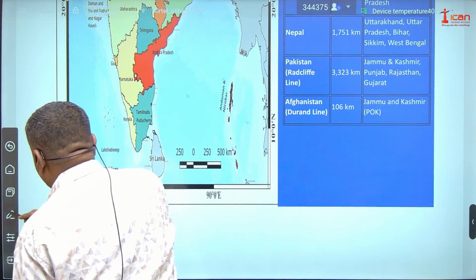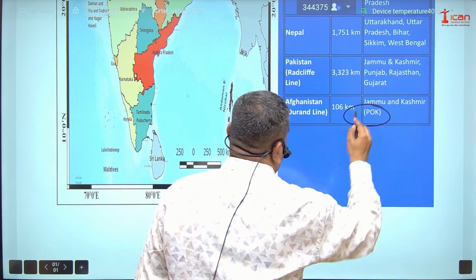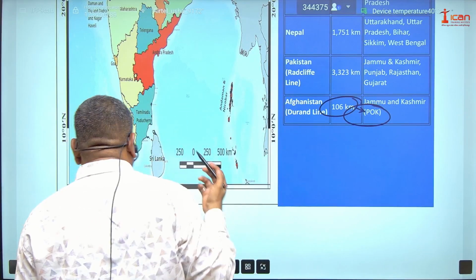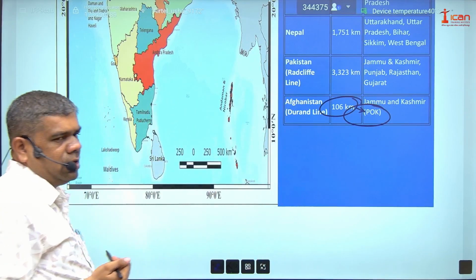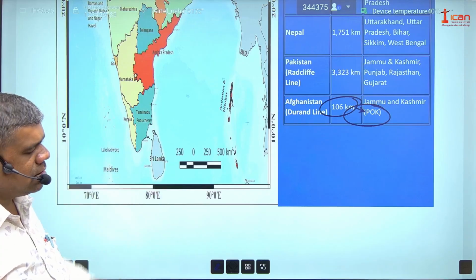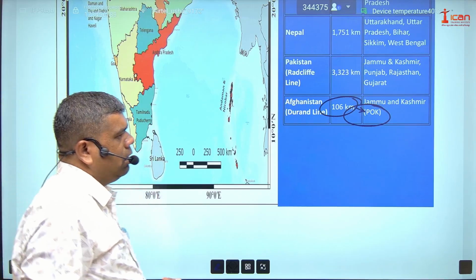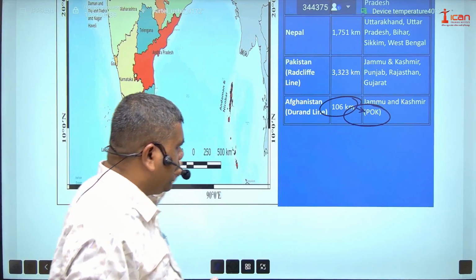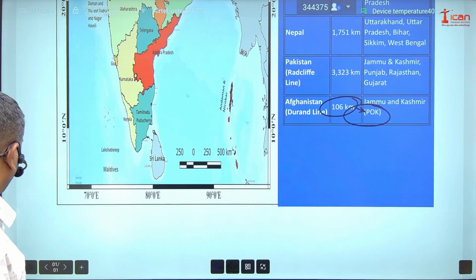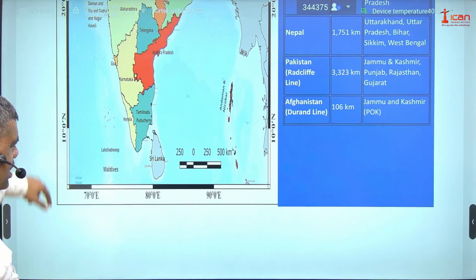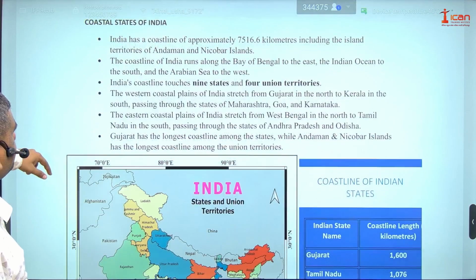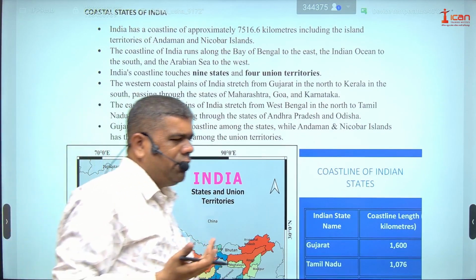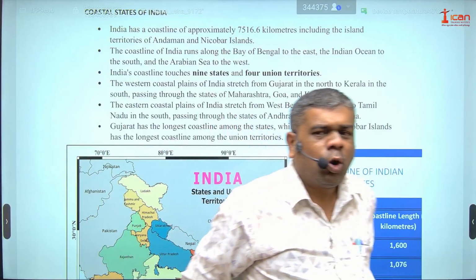So that border with Afghanistan is currently in POK, but it is a part of India itself. It is a part of the sovereign territories of India. Right now it is under POK occupation, but in the map, it is still a part of India. Now, if you see, India is actually a peninsula, which means it is surrounded by water on 3 sides.